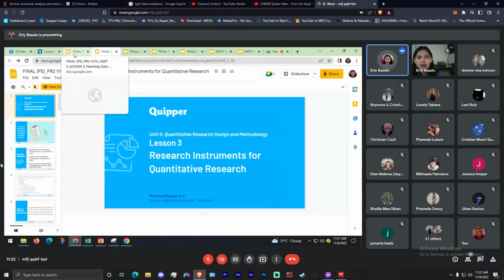I will be sending you this slide, coming from chapter 1 and chapter 2, as well as the copy of the study guides. If you like, you can scan or read your study guides on practical research to get an idea on how you can construct your research instrument, research design, research locale, and data gathering procedure.